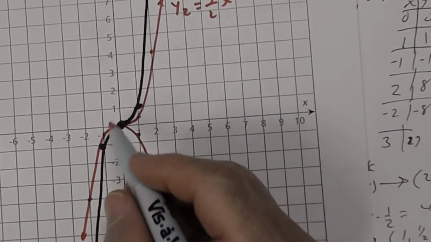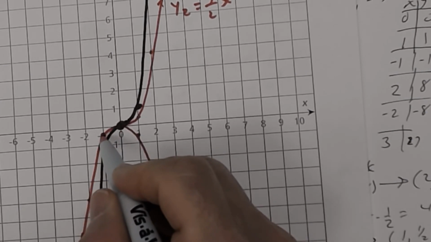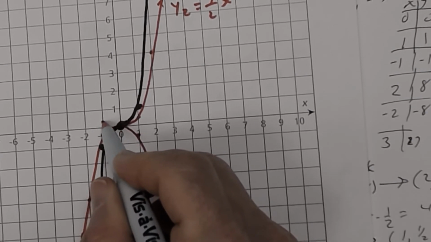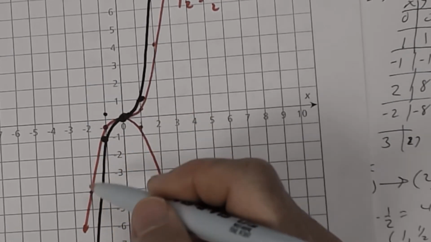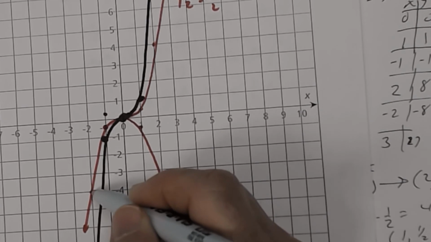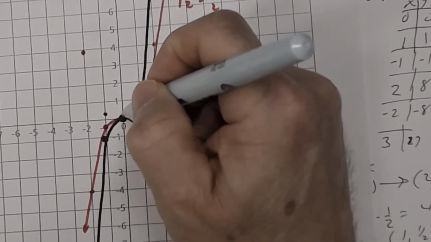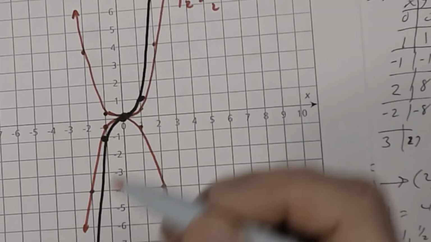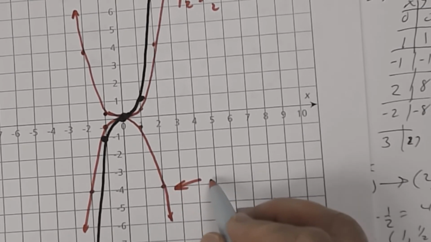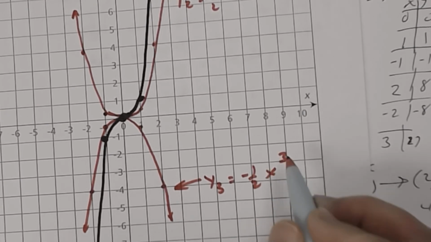Now let's look at this one. This point, which was (-1, -1/2), becomes (-1, 1/2). And this point, (-2, -4), becomes (-2, 4). So I get something that looks like this. This is y3 equals negative 1/2 x cubed.